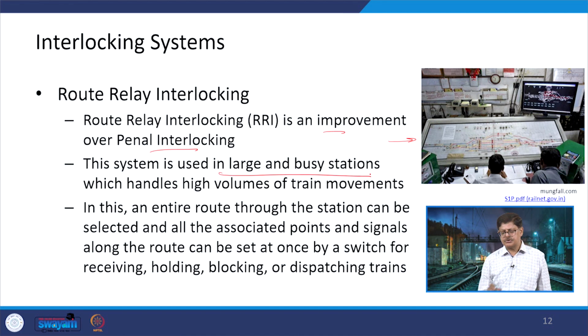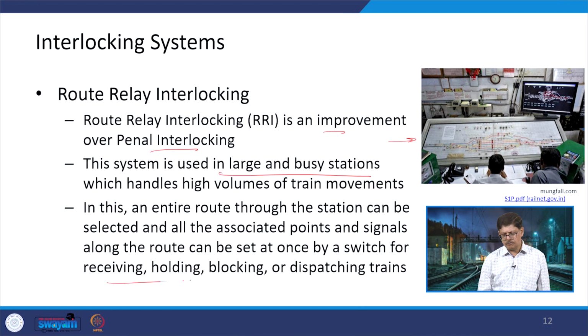This system is used in large and busy stations which handle a high volume of train movements. In this, the entire route through the station can be selected, and all the associated points and signals along the route can be set at once by a switch for receiving, holding, blocking or dispatching of the trains.